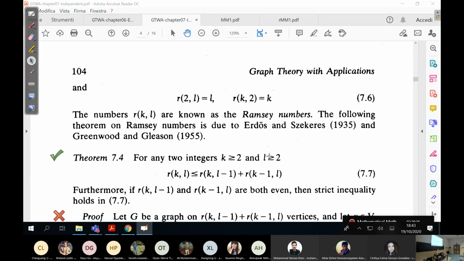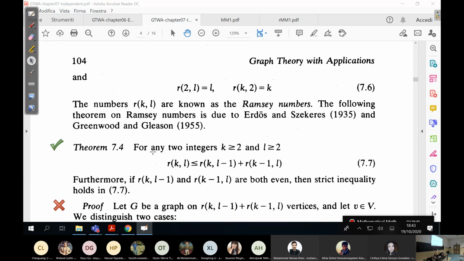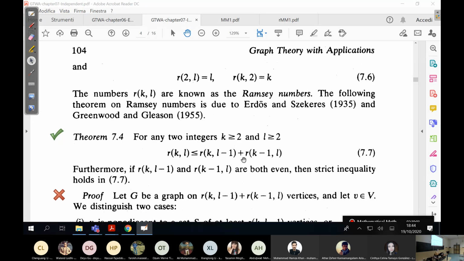But now, this is one way to get to the general Ramsey theorem. If you have any two integers k and l, both greater than or equal to 2, R(k, l) exists and is less than or equal to the sum of these two, R(k, l-1) + R(k-1, l).